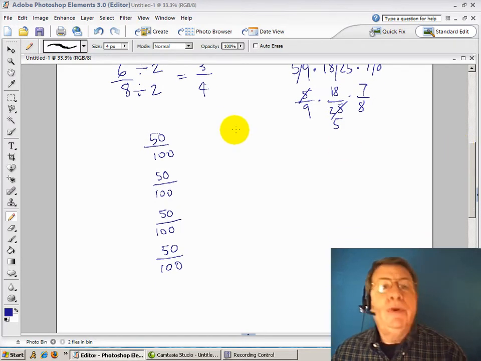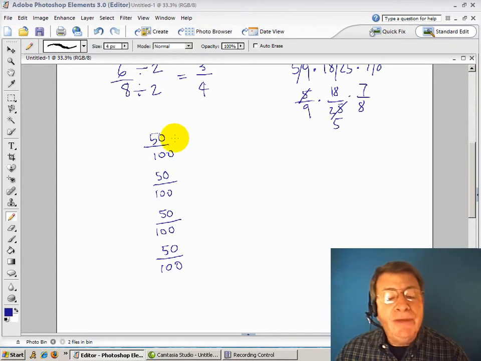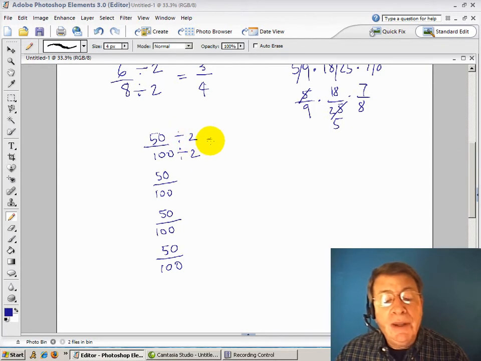Now, when we're given a fraction like 50 over 100, we're going to mentally ask ourselves what number will go into both of these evenly. Well, with the numbers 50 and 100, lots of things will go into this evenly. Can you see that we'll be dividing top and bottom by 2, and we can get 25 over 50. We can divide top and bottom by 5, and we would then get 10 over 20.